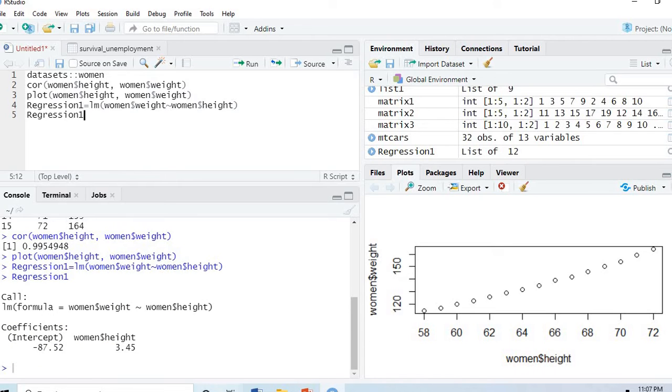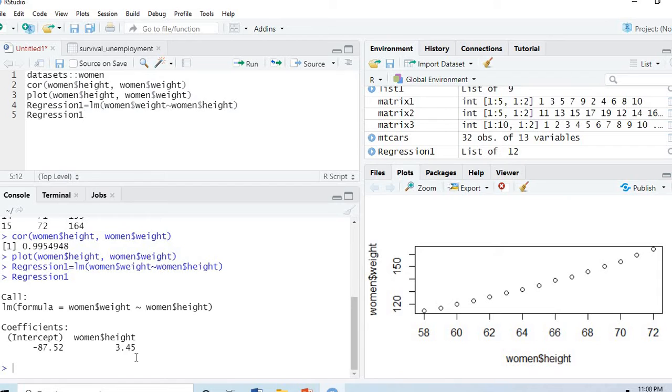Now you can see certain specifications coming in the console area, that is coefficients: intercept minus 87.52, and women height 3.45. Now what do they represent? Intercept means the constant, and this women height 3.45 represents the coefficient of the independent vector.